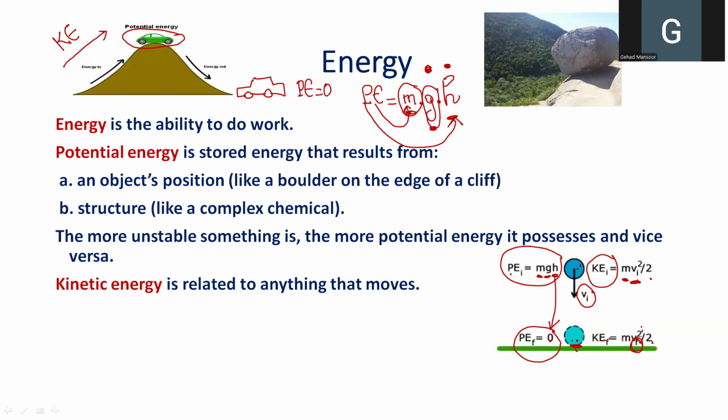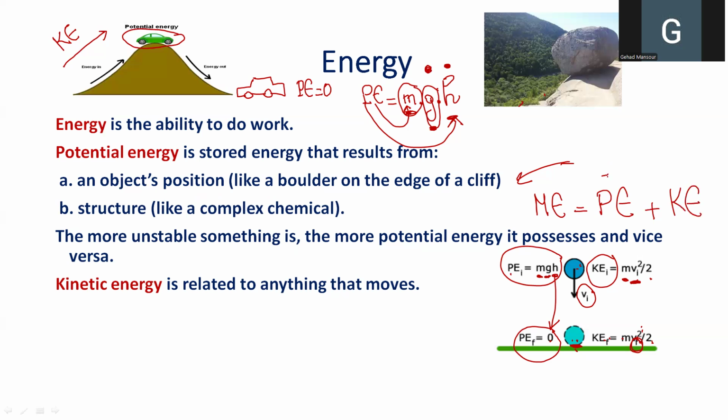What's the relation between the potential energy and the kinetic energy? As it is written on the slide, the potential energy is the energy due to the object's position, but the kinetic energy is the energy due to motion. At any time, mechanical energy is equal to potential energy plus kinetic energy.